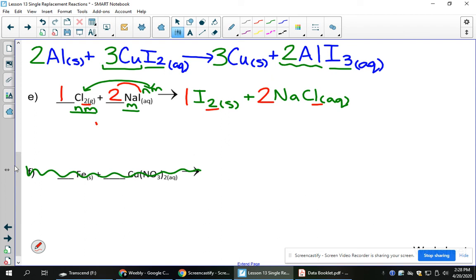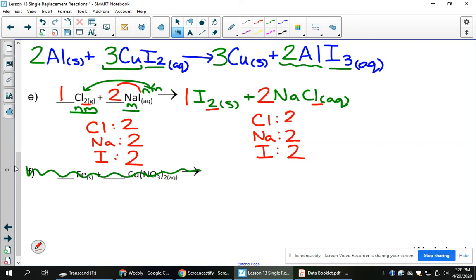Remember, you can always list everything that you're working with and make sure that on the product and the reactant side, you have the same number, and basically you're following the law of conservation of mass. I see on the reactant side 2 chlorine, 2 sodium, 2 iodine, 2 iodine, 2 sodium, 2 chlorine. This is completely balanced.